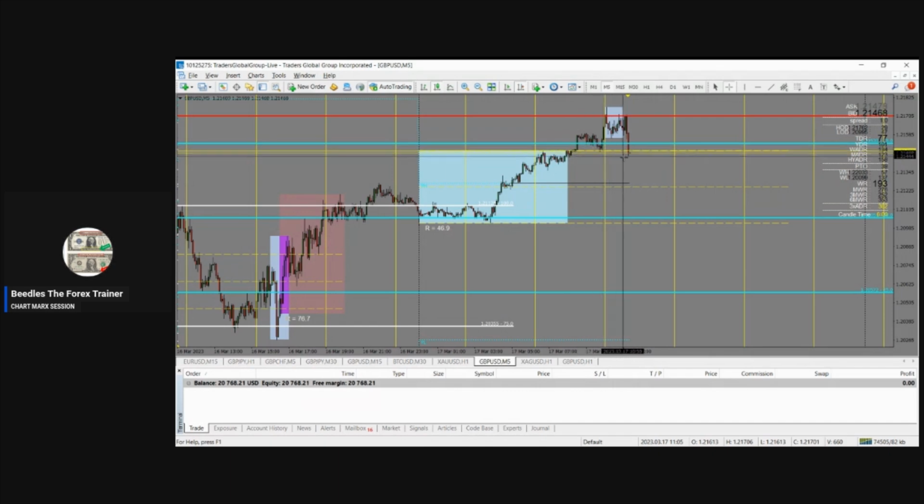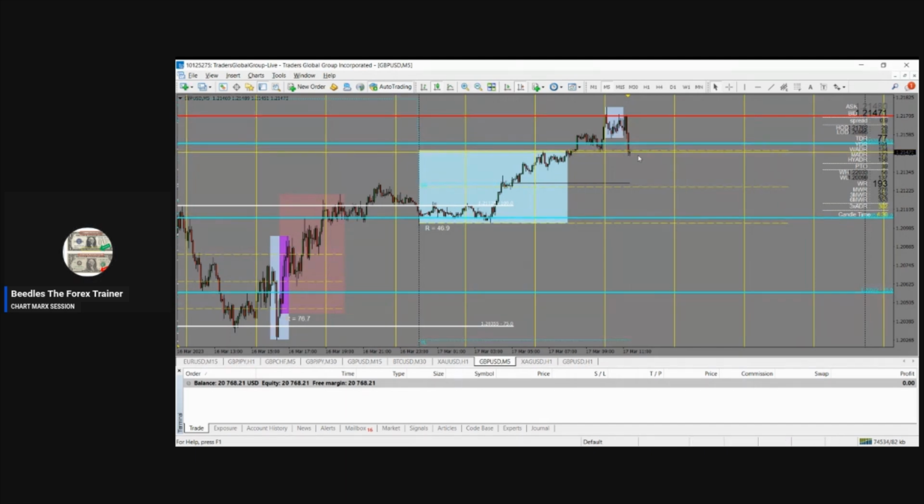And so the goal is not to squeeze every single thing out of the orange, especially when we're moving back into a level of potential support, right? And so I do expect prices to come into this level, bounce, or give us a reaction, which we're currently seeing right here.